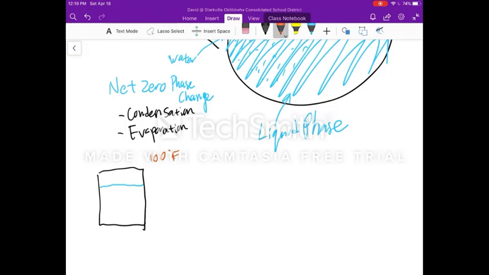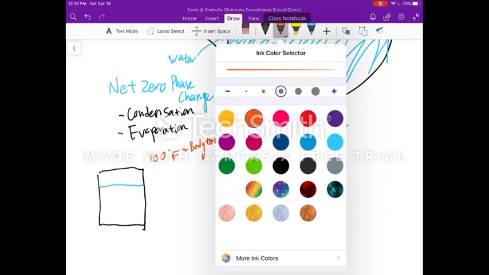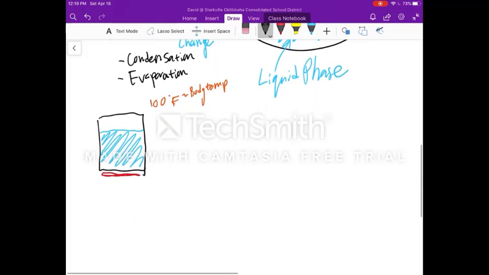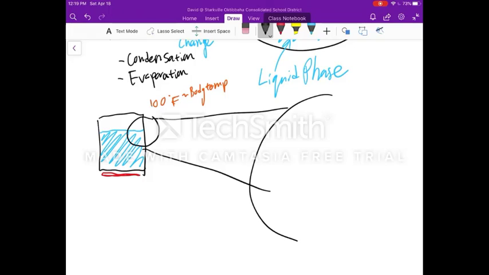That's right above body temperature. We've got our little drawing down here. We've got our red little hot plate. So what does it look like now at that surface?